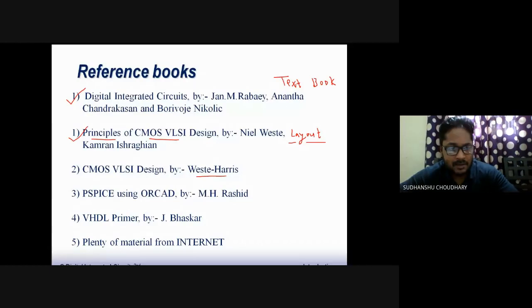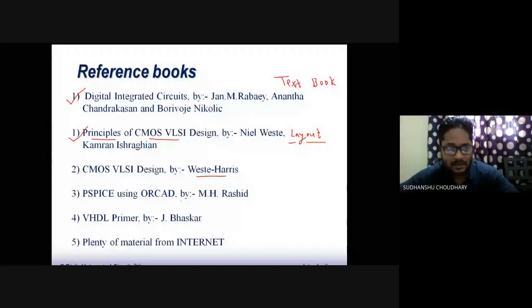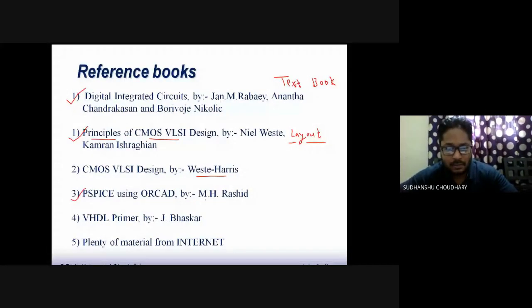And for PSpice, you can refer to this book, PSpice Using OrCAD by M. H. Rashid. Or for learning PSpice, you can also download many tutorials and ebooks present over the web freely. In fact, I will also share some tutorials on PSpice.